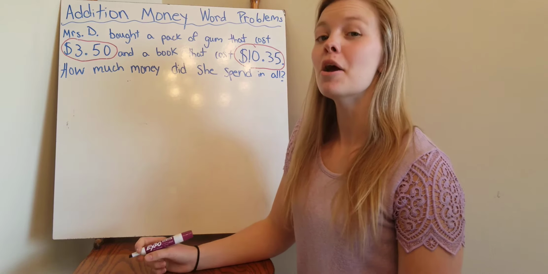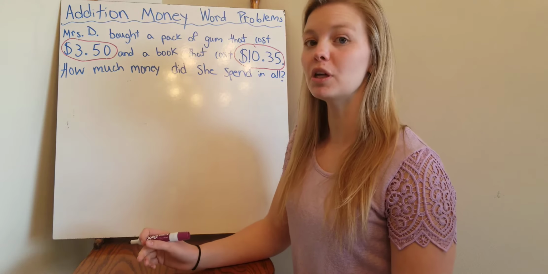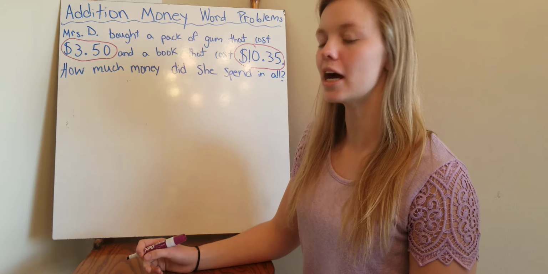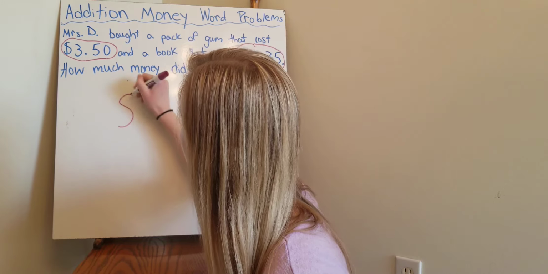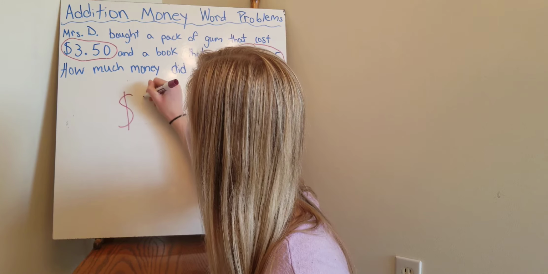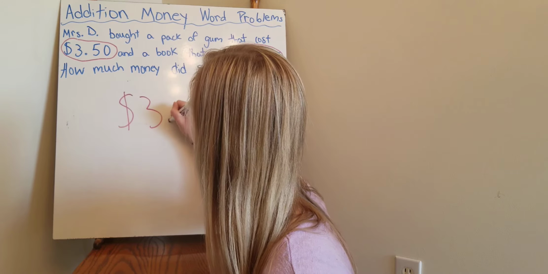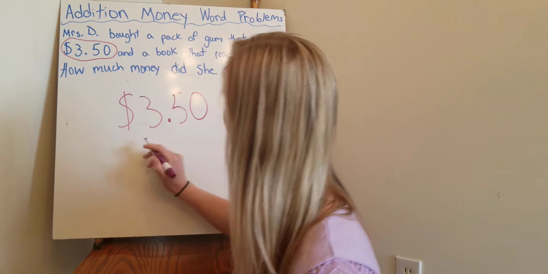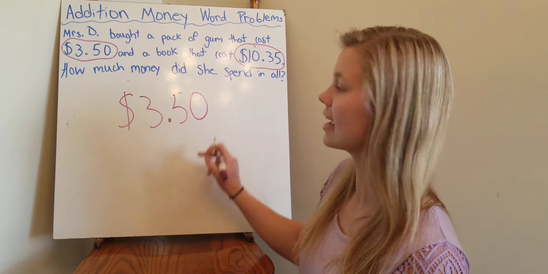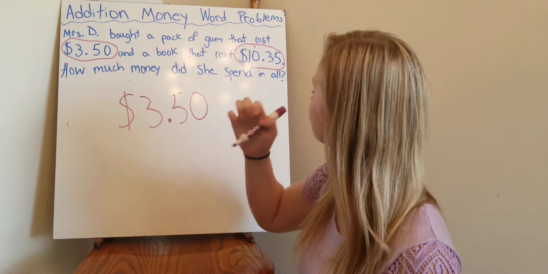$10.35. The most important part when we go to do this problem is that we line it up correctly, okay? So we have $3.50, okay? We want the dollar sign and the dot in the equation when we write it.